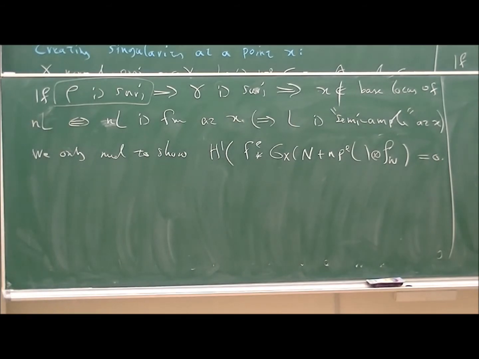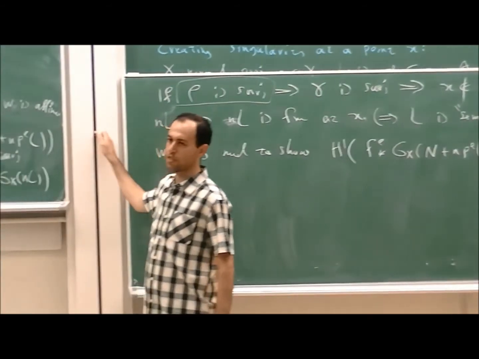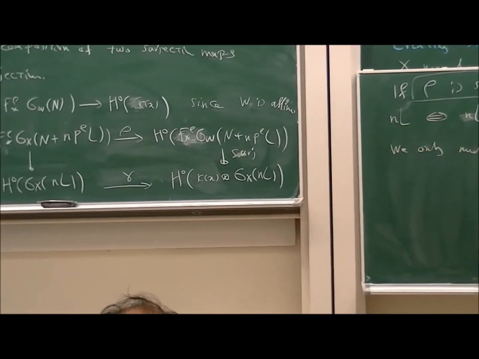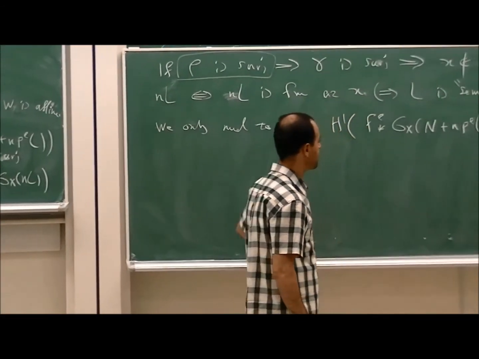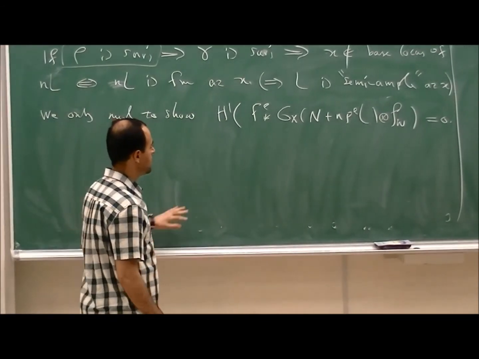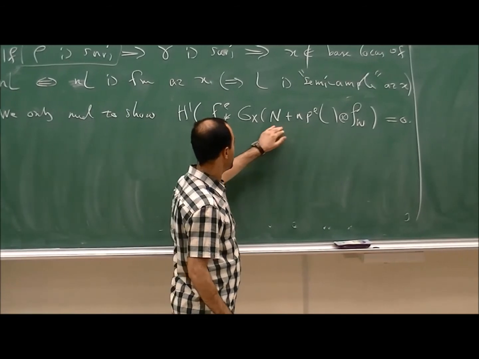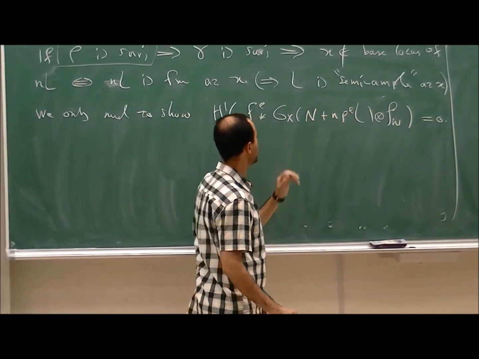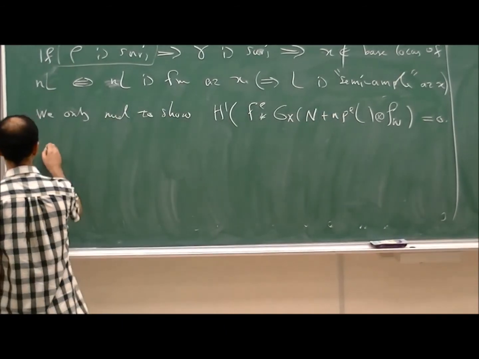If this is an exact sequence, you have H^0, the next step is H^1. If you show H^1 is trivial, then you get surjectivity. And as I said, this comes from vanishing, so you only need to see what this divisor is.